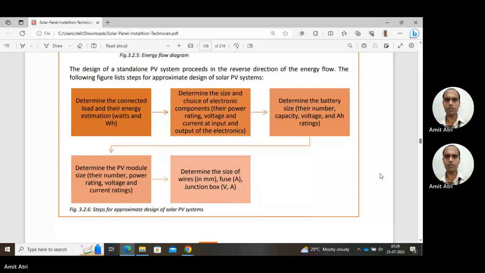Then after that, move towards the PV module. What should be the size of the PV module? The solar panels of how many kilowatts, how much voltage, how much current? How can we calculate or make it suitable as per our requirement? By making the series parallel combination.